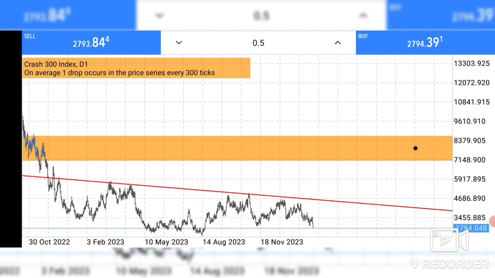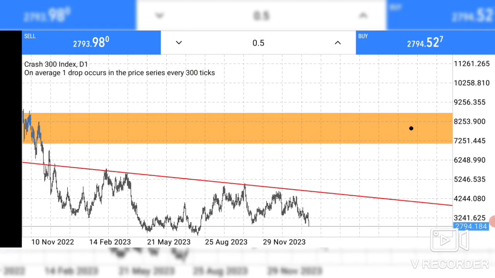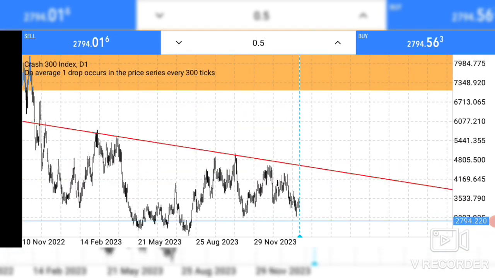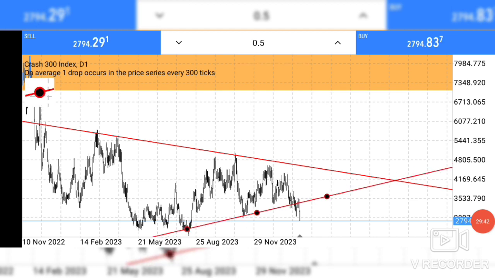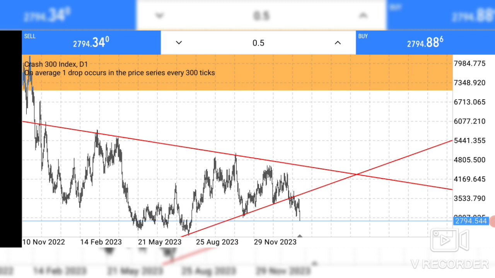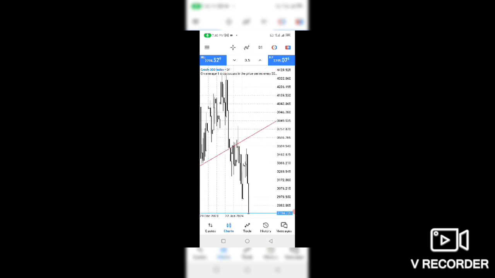Sellers are not even stronger, they basically have equal hands, but it's more reasonable to trade in the direction of the sellers than buyers, because they tend to create something like this, a triangle that needed to be broken, and that's what happened. Once this triangle is broken, the selling pressure increases, and that's what happened.